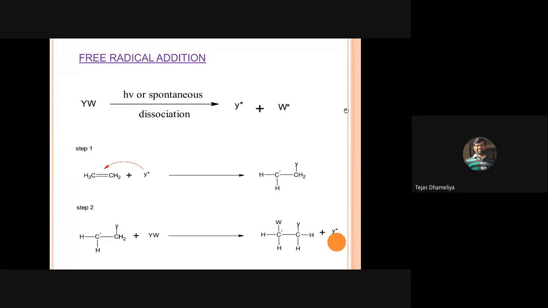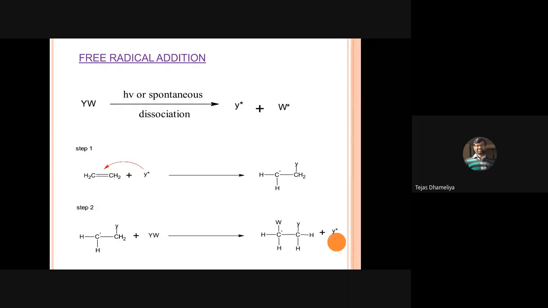After this, we have seen free radical addition, that is the third type of reaction which we saw in the previous class, where free radicals are taking part in the reactions.